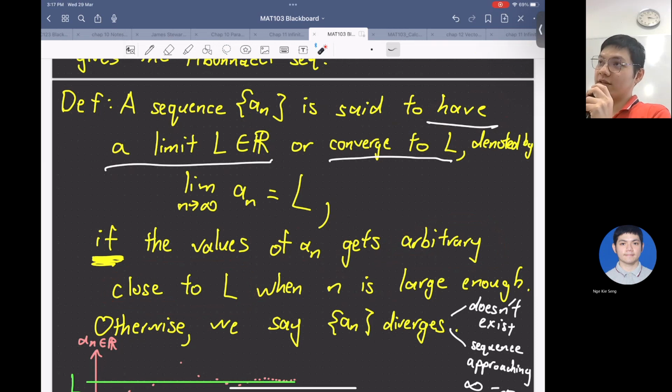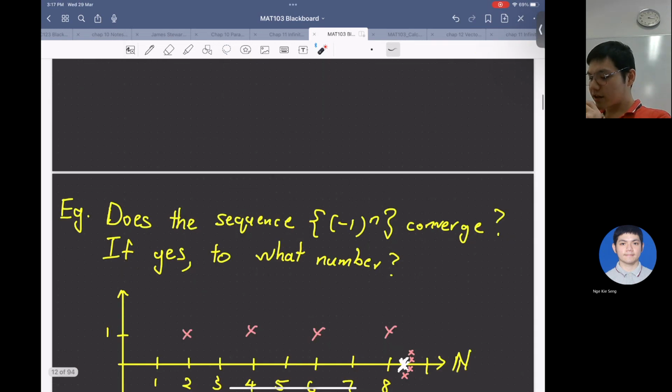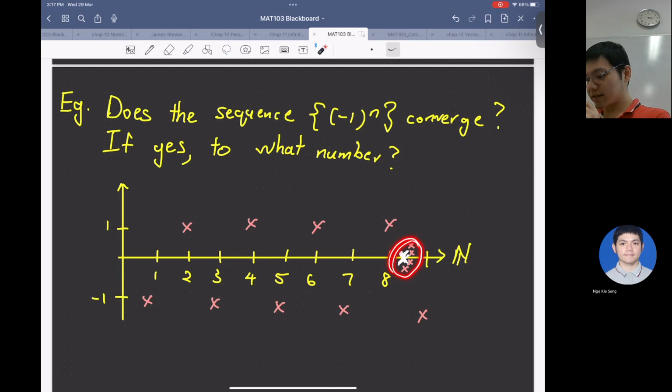So what does it mean by arbitrarily close to L? I want to find the terms as close as I like to the limit. So for the case just now, I need to find the term as close as I like to 0. Can you do that?